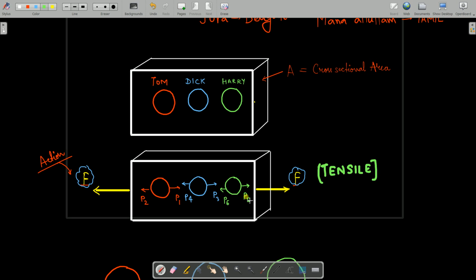P5 is the force applied opposite to the left-hand side F, and P6 is the opposite force applied due to the right-hand side force F. I hope you got this.